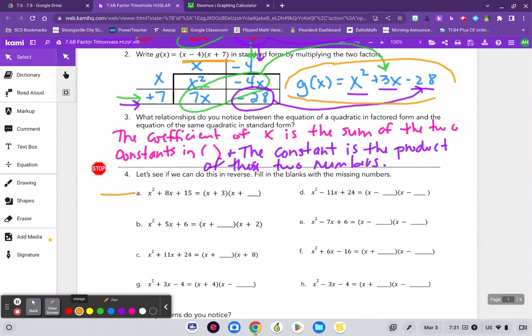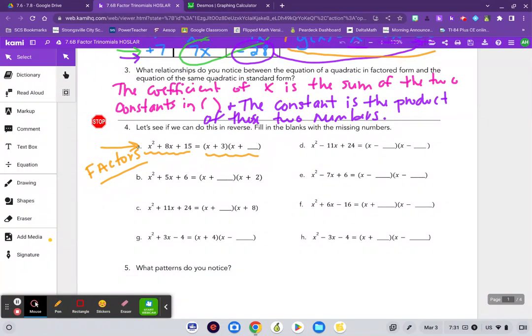Down here in 4, I'm giving you the three terms, these trinomials, and your job is to break this apart into two groups. In other words, we're going to break this apart into two factors. So let's see what we can do.